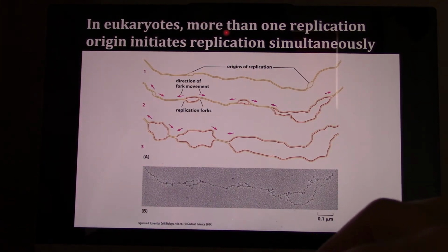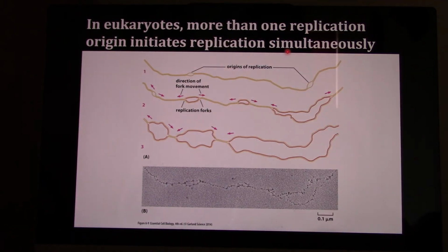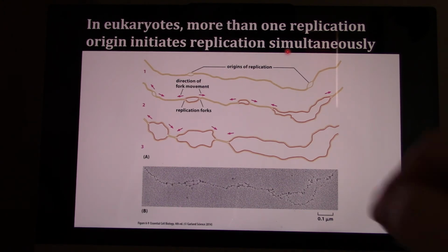In eukaryotes, we have more than one replication origin that initiates replication simultaneously, and that's because we have large amounts of DNA in eukaryotes. In prokaryotes, we have one single chromosome, and it's circular, so we get one origin of replication.